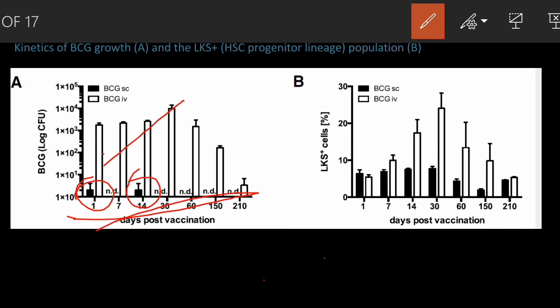And also the intravenous injection makes the progenitor hematopoietic stem cell lineage higher when compared to the subcutaneous BCG injected ones in most cases.